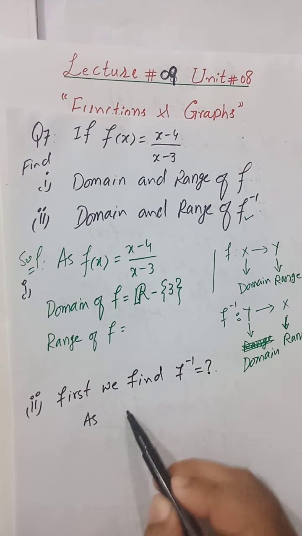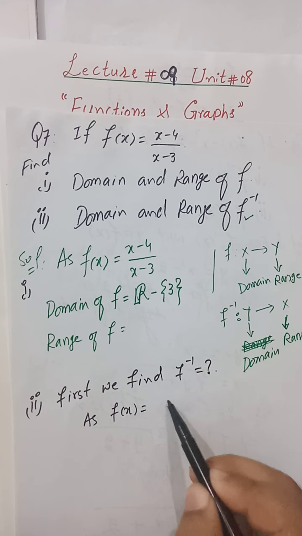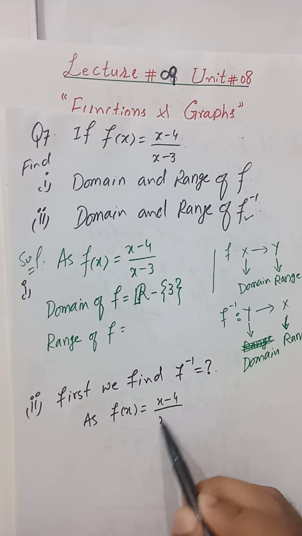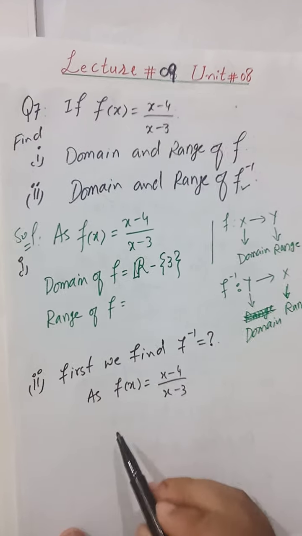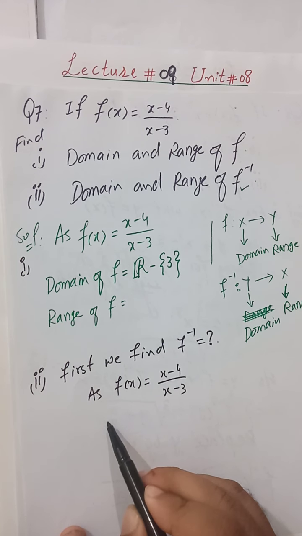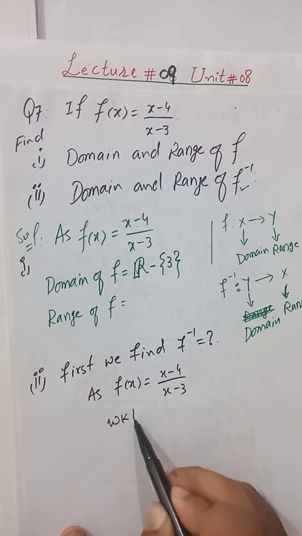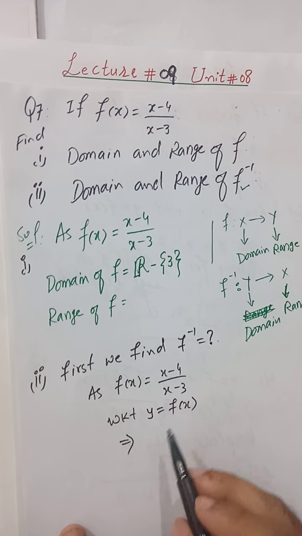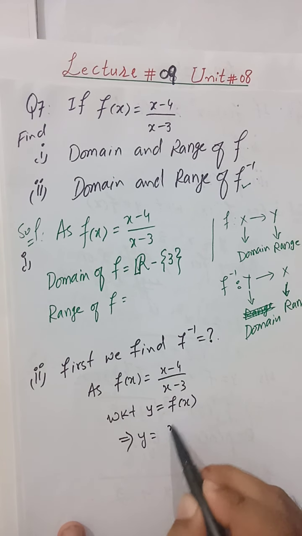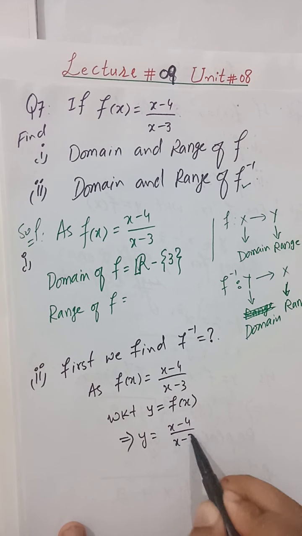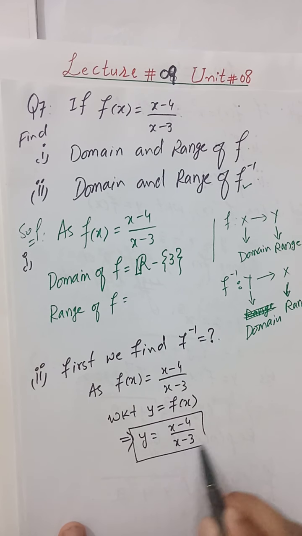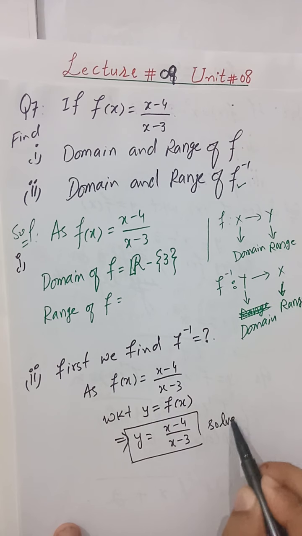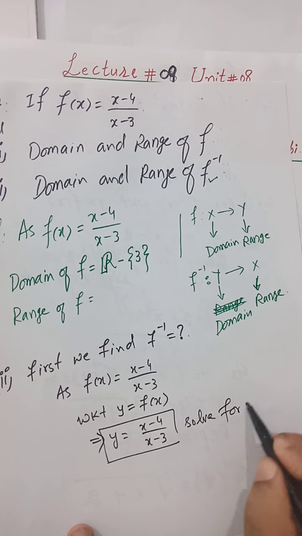As f of x is equal to (x minus 4) divided by (x minus 3), and as we know that y is equal to f of x, this implies that y is equal to (x minus 4) divided by (x minus 3). You need to solve this for x.